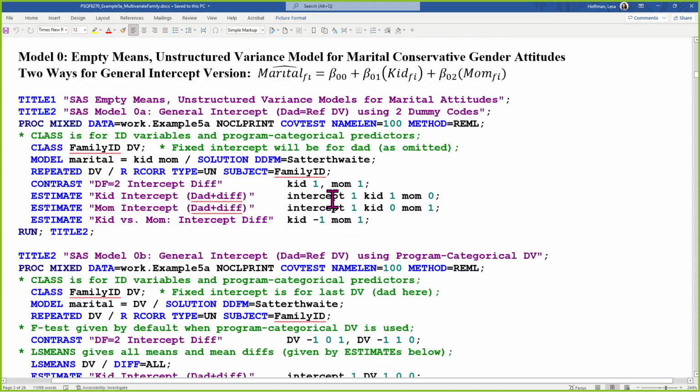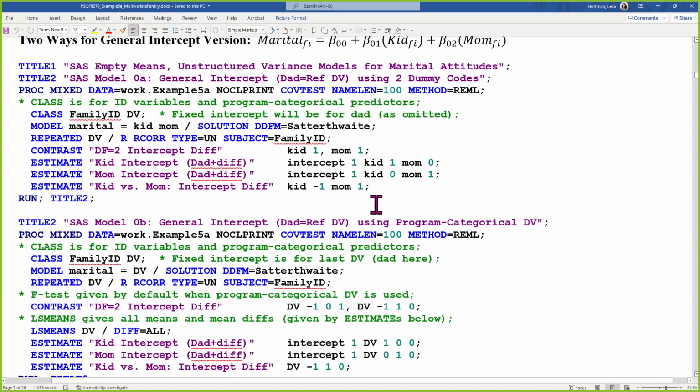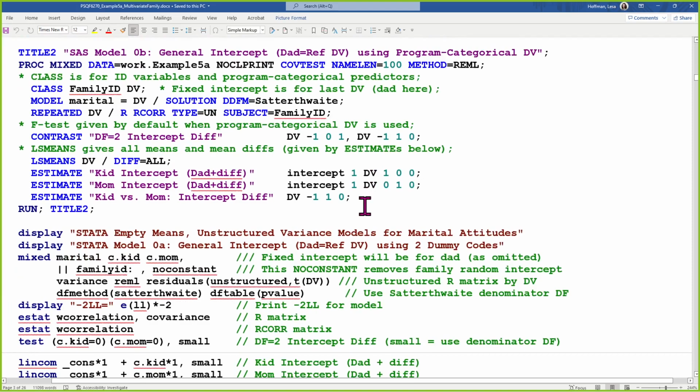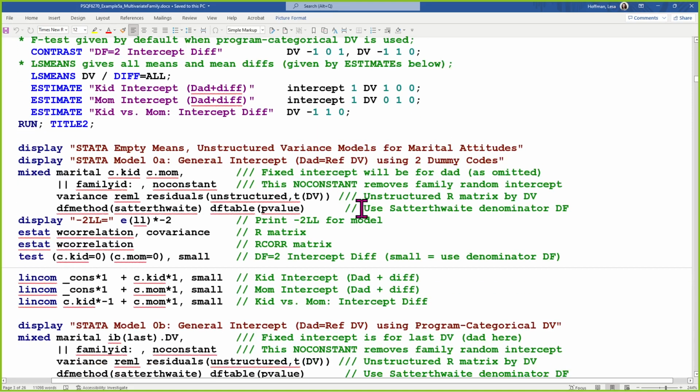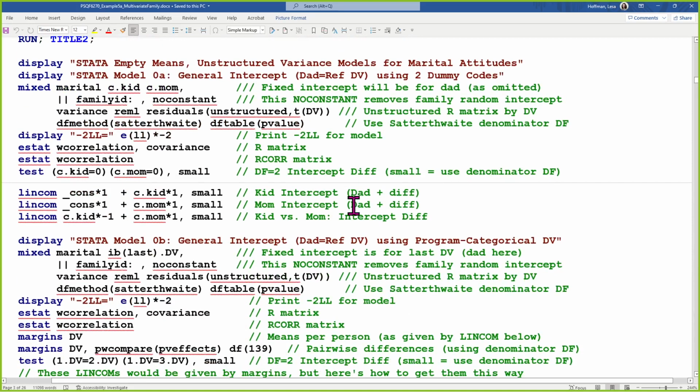So we had 4 ways of setting up an empty model with 2x2 combinations of whether or not a general intercept was included versus separate intercepts for each outcome, and whether or not you use the factor way of coding the variables so that the program does the coding for you as opposed to making the internal dummy or the external dummy codes. I prefer the latter for transparency's sake and also because it provides more flexibility.